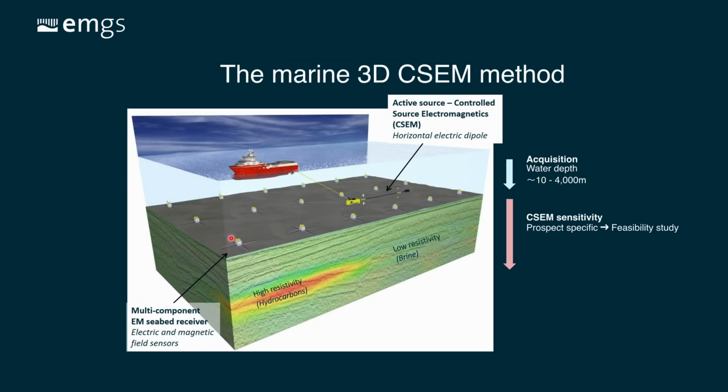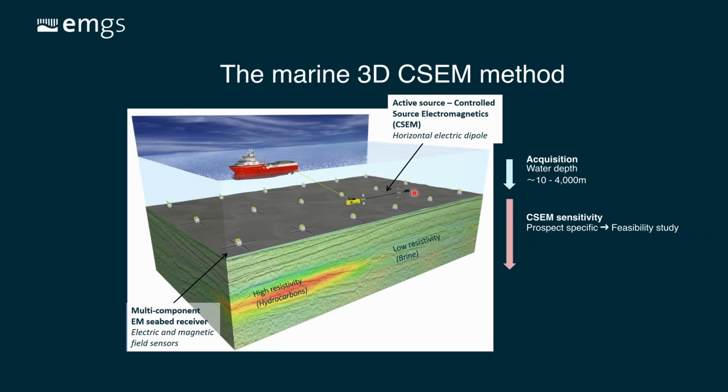So let's look at CSEM. CSEM is a technology where we lay a number of receivers, which are nothing but voltmeters, on the seabed. And we tow an antenna that induces a current into the sediment. And the result of that current propagating through the sediment is measured in the voltmeters.